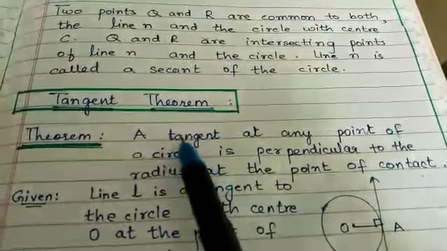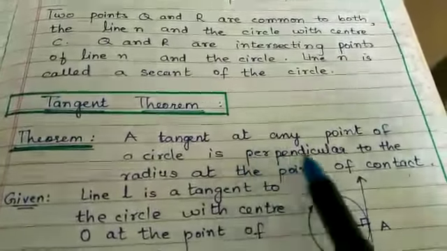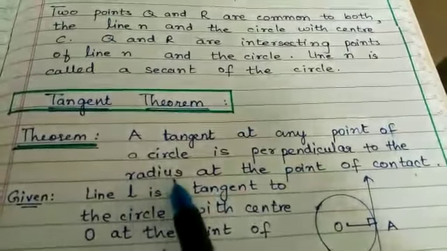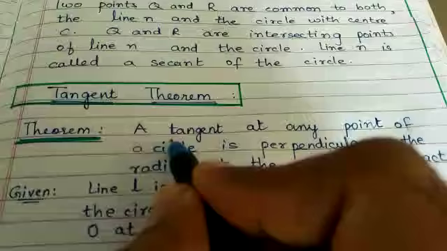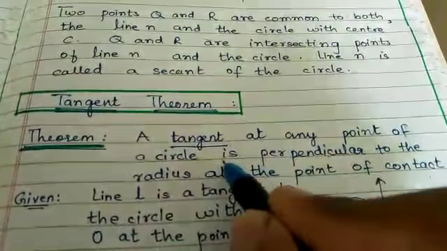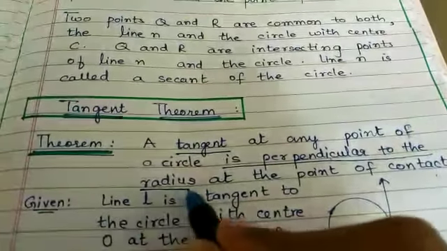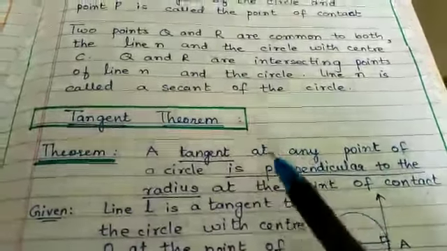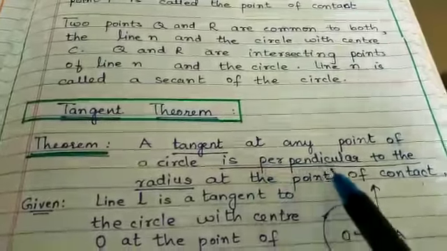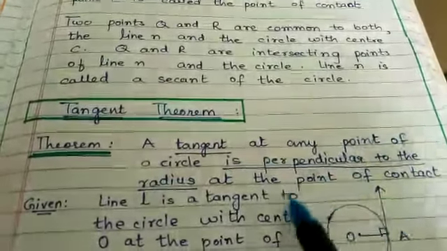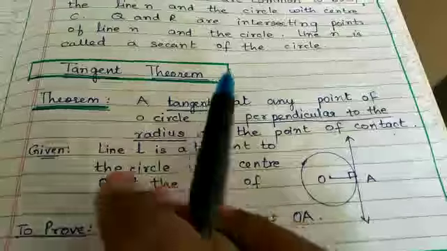In short, I can say that a tangent is perpendicular to the radius. What is the tangent theorem? A tangent is perpendicular to the radius at the point of contact. So what does it mean?